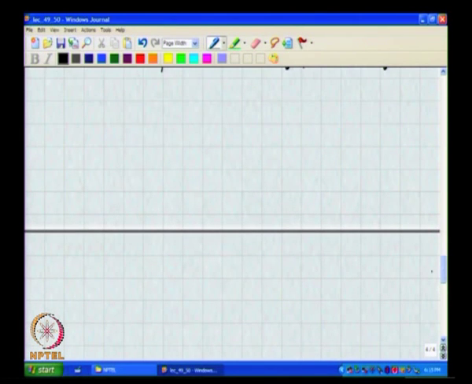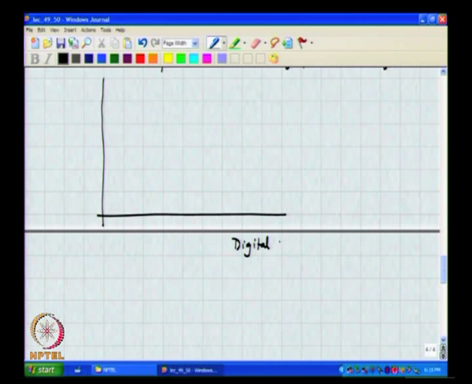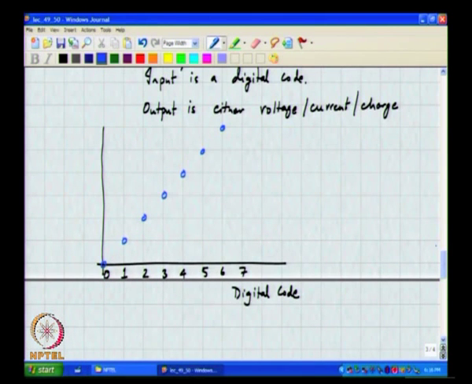And if one plots the digital code on the x axis and the analog output on the y axis, ideally you are supposed to get a characteristic like this.